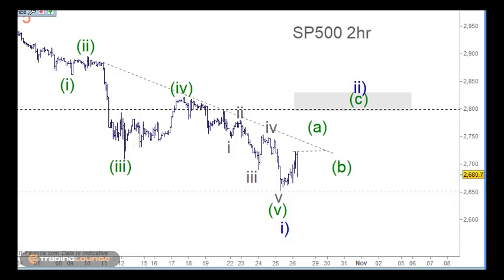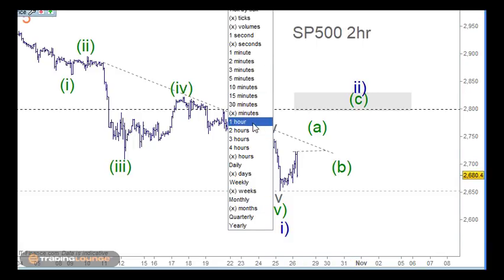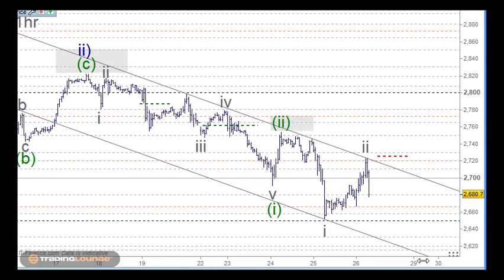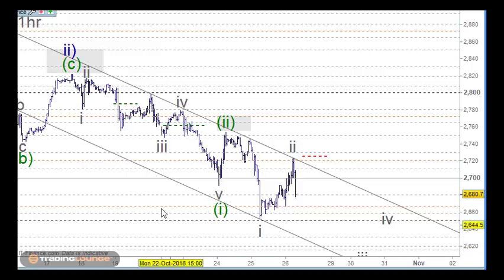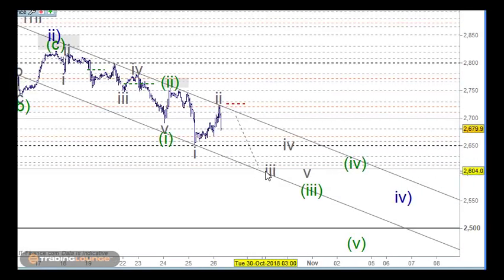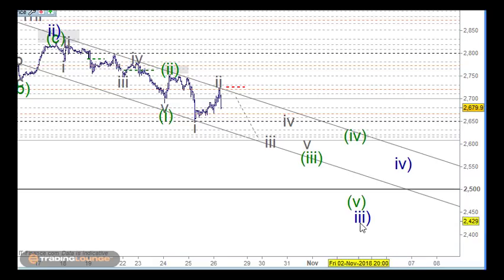Okay, otherwise, with the hourly chart here on more of a bearish count, we'll just stay with this primary count that we have here from wave 2 here, with wave 1 and 2 here, and then wave 1 and 2 here, and then working lower down here into wave 3, 4 and 5 for the third, the fourth and the fifth wave here, roughly at the 2500 for wave 3 here.